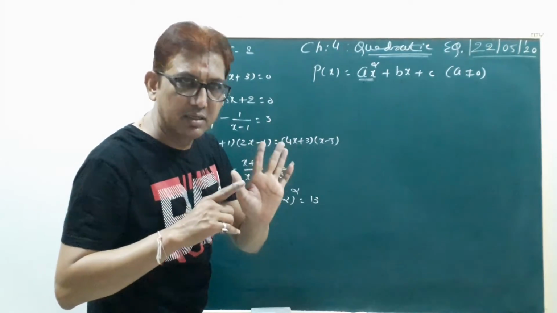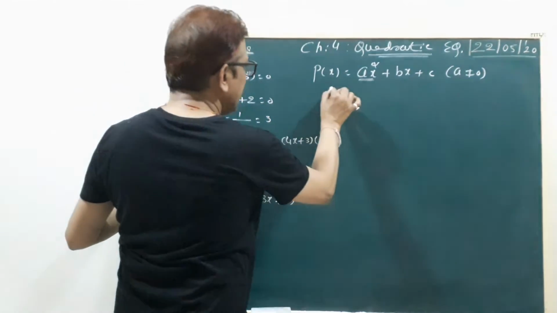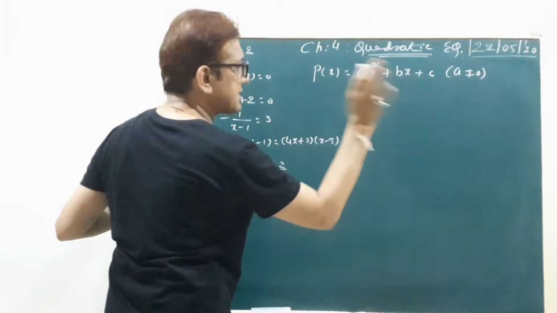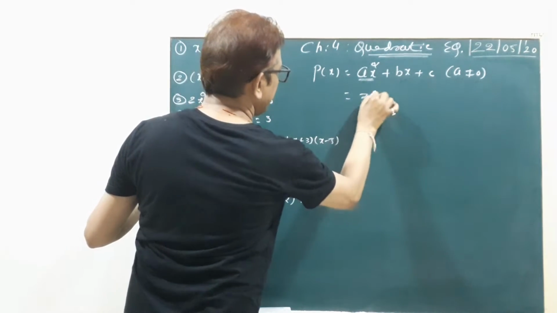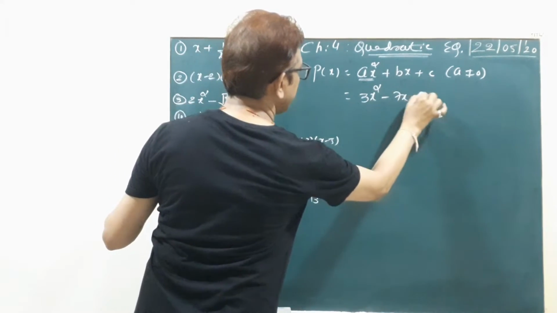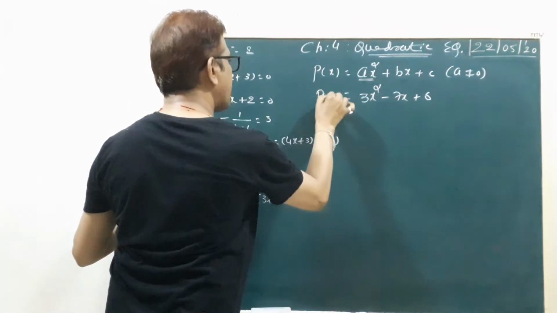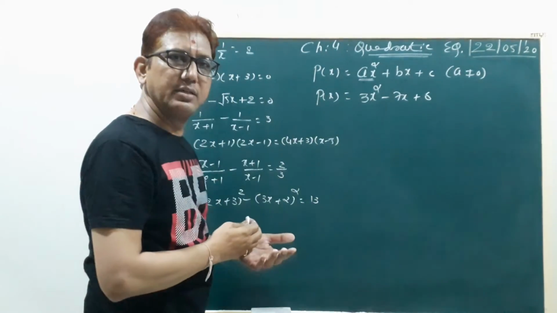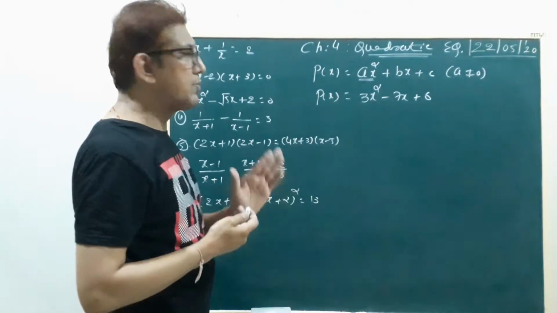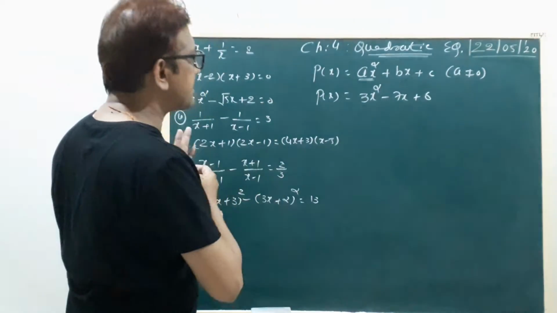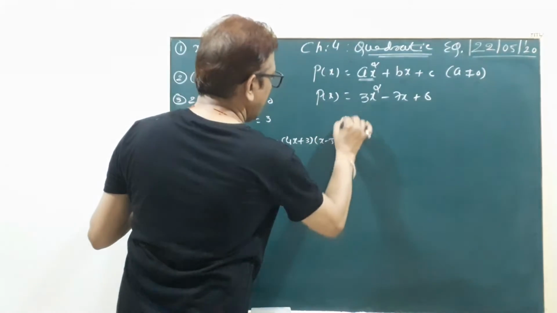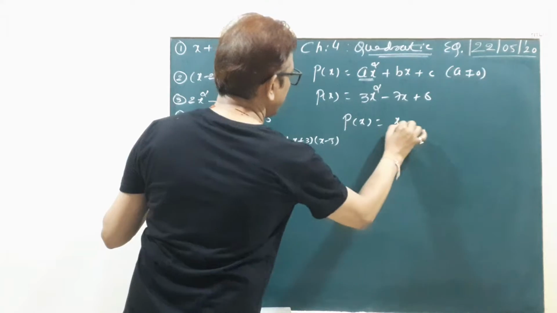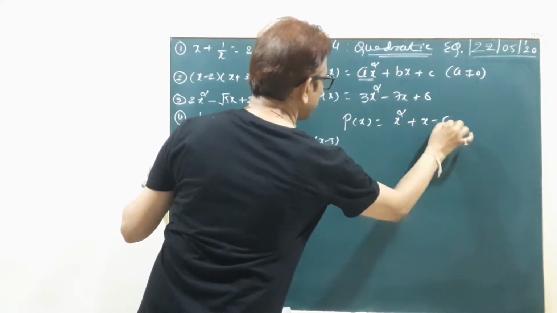Is that clear? Okay. Let me give an example: 3x square minus 7x plus 6. This is a quadratic polynomial. Another example, p(x) equal to x square plus x minus 6.